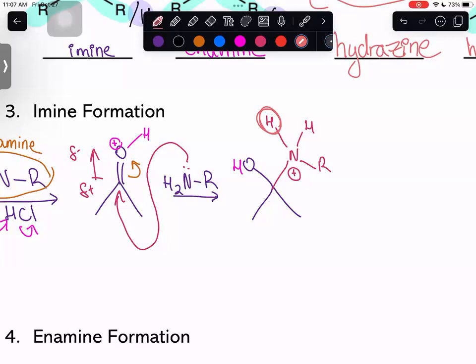So this one is actually going to be an intramolecular step. We're going to be transferring that hydrogen to the oxygen because that oxygen is going to be my leaving group in this case. So we do an intramolecular proton transfer, which is practically just a hydride shift in a way. It's just a hydrogen shift.